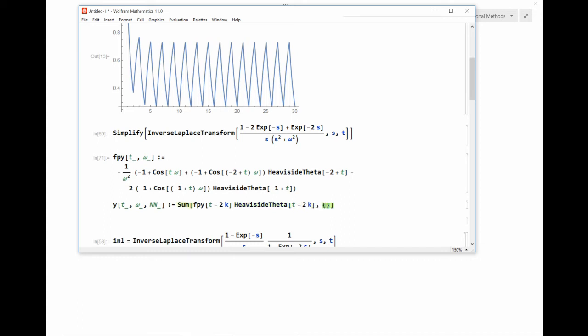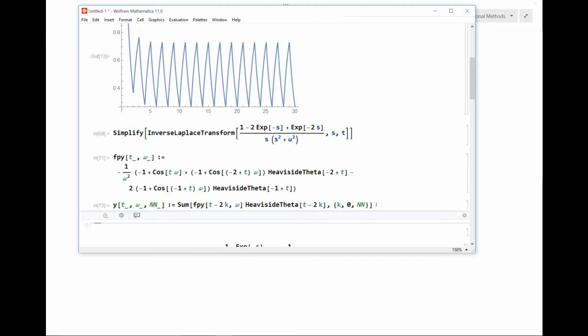K will go from 0 to n. And the fundamental period of y has a parameter omega in it. And I'm going to plot it in very much the same way I plotted the previous example.